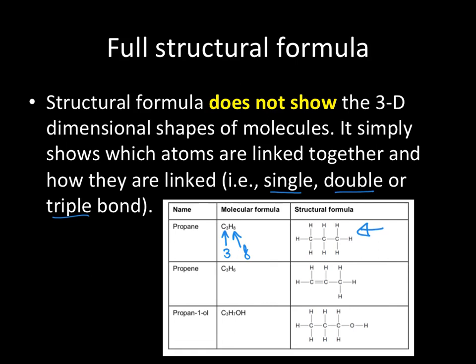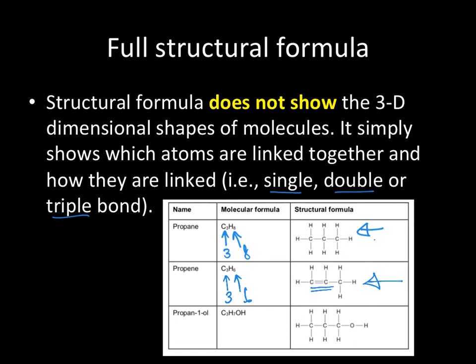So for example, propene. Propene is in another family. Formula is C3H6. It only tells us that there are 3 carbon and 6 hydrogen. But how they're linked together is shown here. And you realize that there is a carbon-carbon double bond because it belongs to the alkene family.